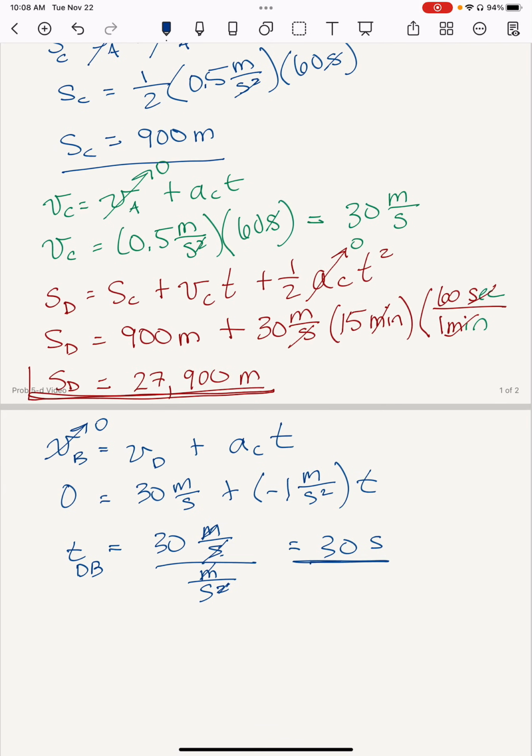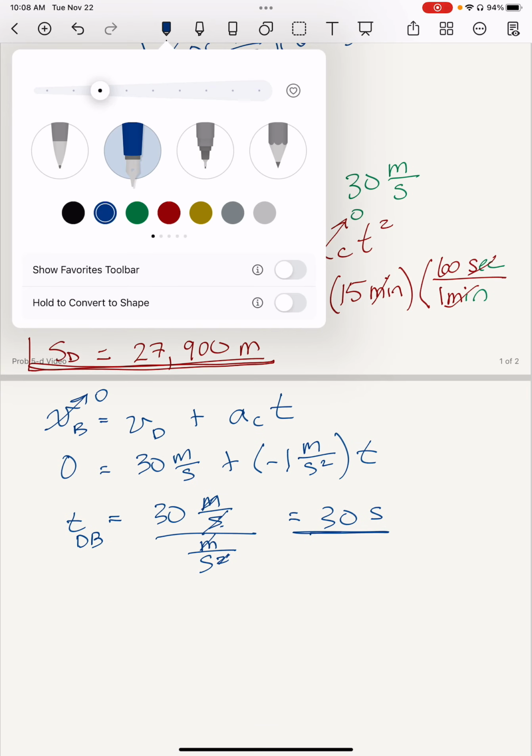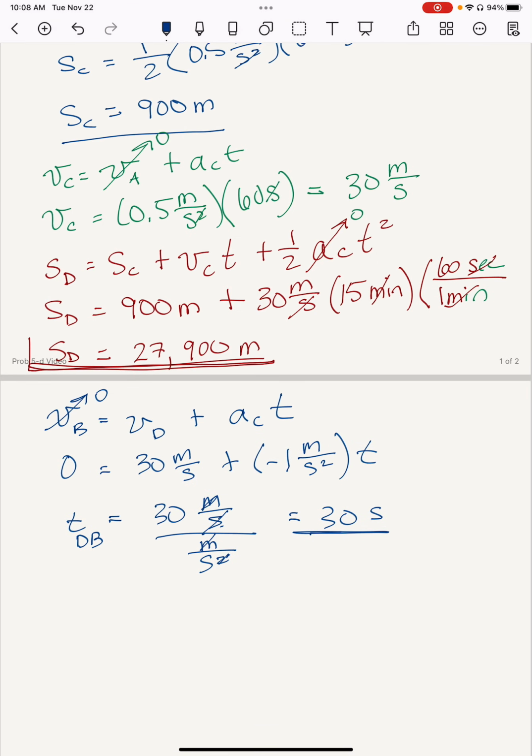Now that we have that, we can go back to that equation that we've been using with constant acceleration.